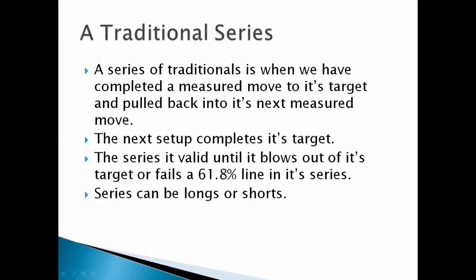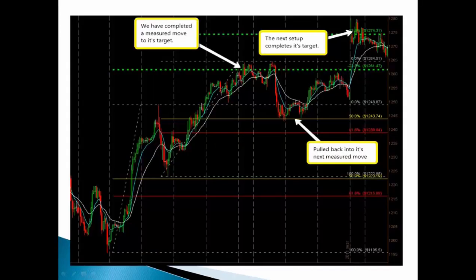Okay, so a traditional series has two ways of ending. It either breaks its 61.8% line of one of its traditionals, or it blows out of its target to start a series of new extensions. Okay, let's see an example of a series of measured moves.